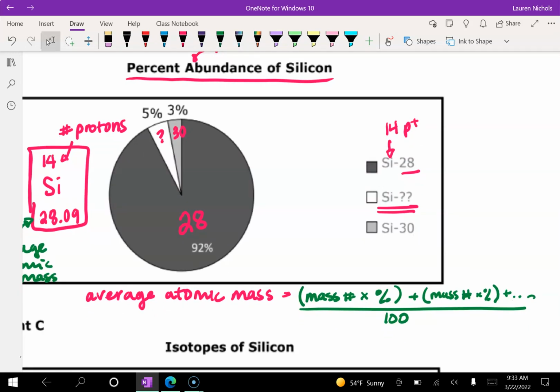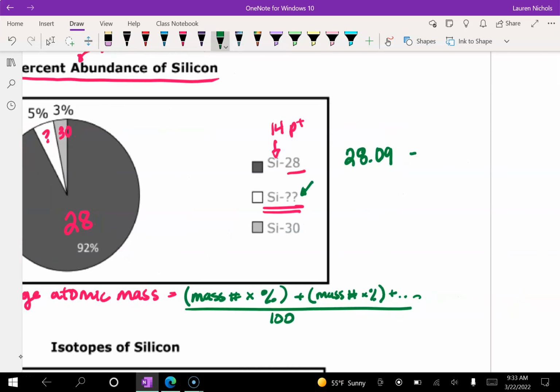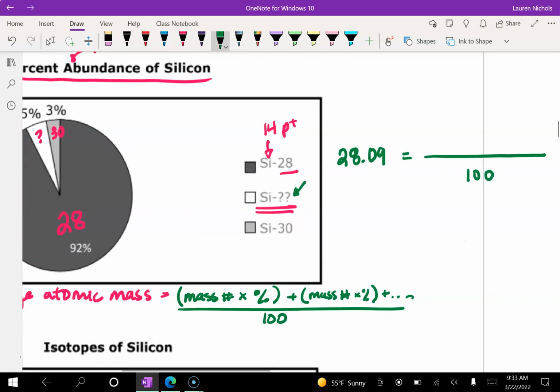So we can use this to calculate our missing mass number. We know that the average atomic mass of silicon is 28.09, and that it's equal to our numerator over 100.